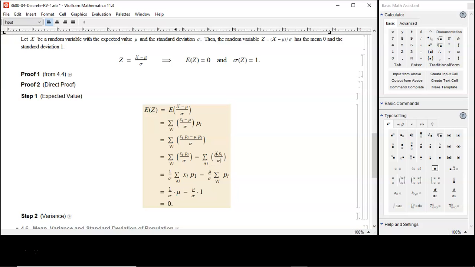Now about this part, I can take mu out, sigma out, and what's left is the sum of all the probabilities, that's 1. So what do we have? Yes, mu over sigma minus mu over sigma, that's 0. Complicated? Yeah, I know, but I've written this in the exam before. To tell the truth, not this version. I wrote the integral version.